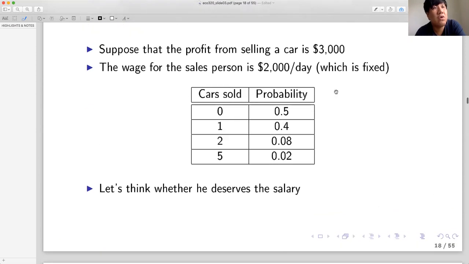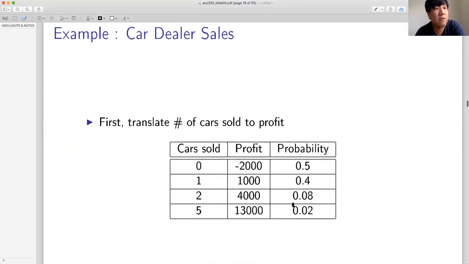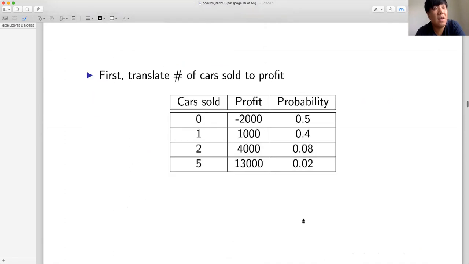And we want to calculate the net benefit or net profit, right? That is revenue minus cost. But you don't use this directly. This is a profit from selling a car, but how many do we sell on average? It's 0.66, right?